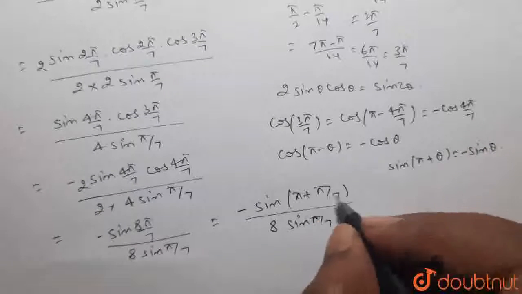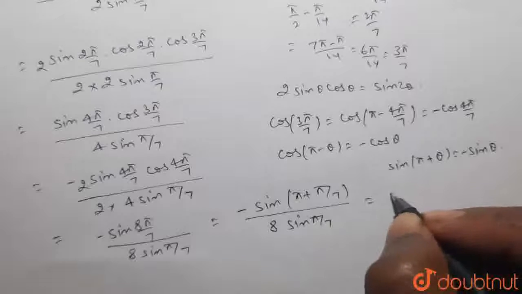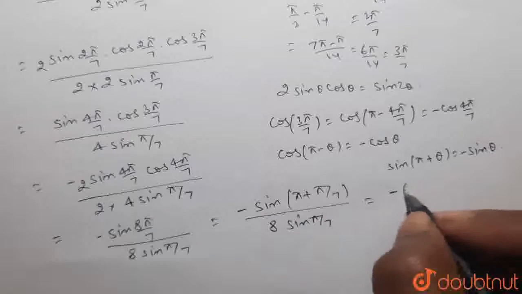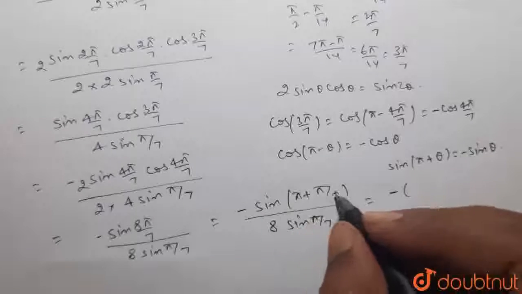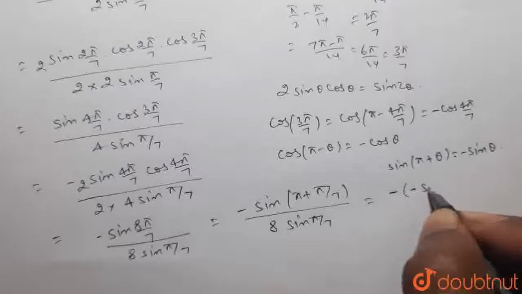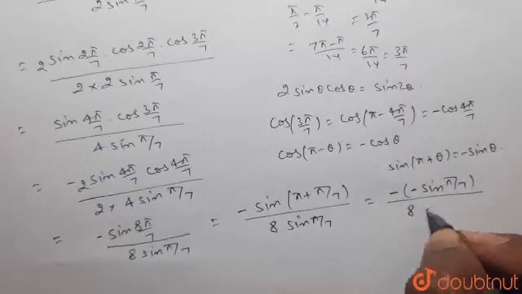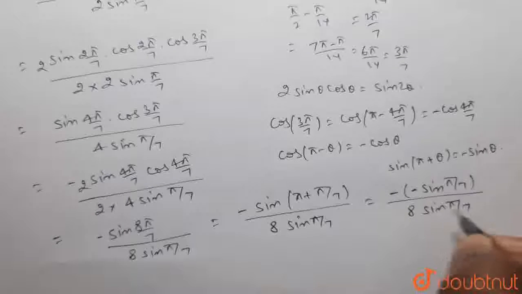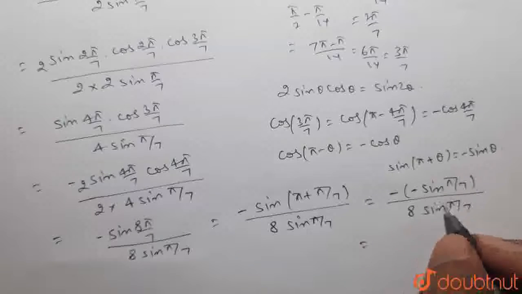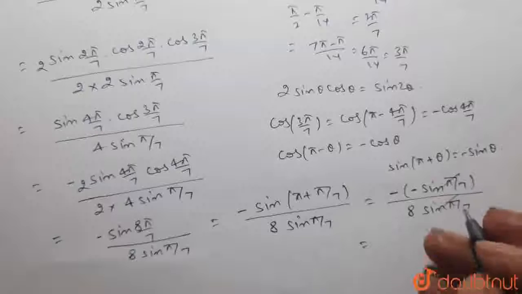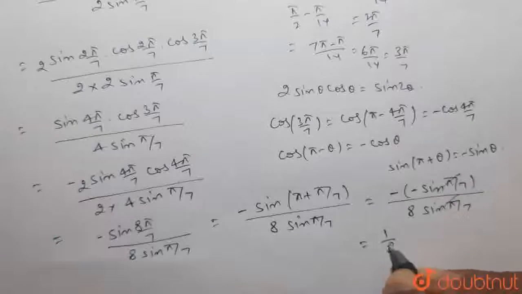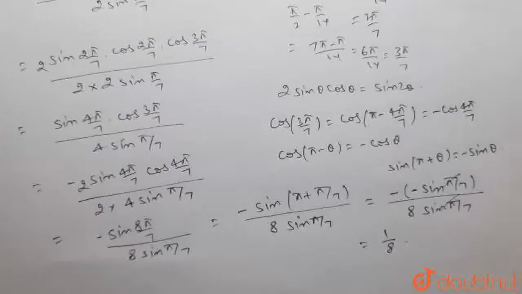So sin pi plus pi by 7 will be equal to minus sin pi by 7 whole divided by 8 times sin pi by 7. Now minus minus will be plus and sin pi by 7 will cancel out. So this will be equal to 1 by 8. So value of the given expression is 1 by 8.